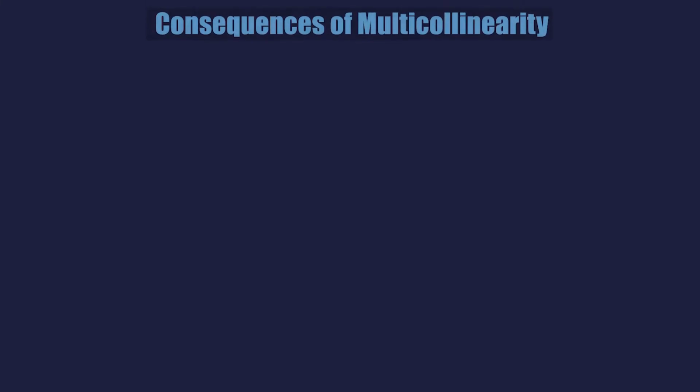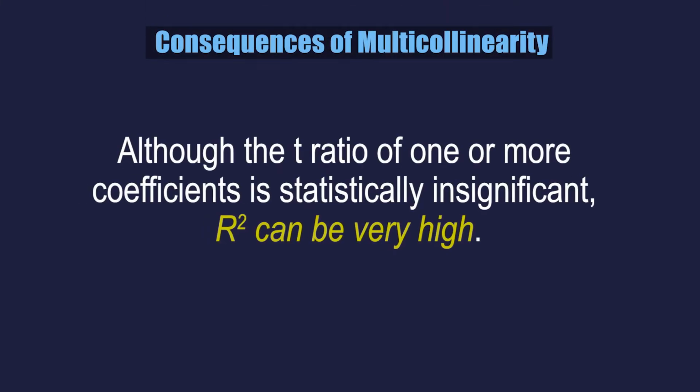Fourthly, we observe another very crucial observation, that R square is very high. We know that capital R square stands for the overall significance of the model. That means how all the variables or the slope coefficients jointly explain the variation in the dependent variable, and thereby overall what will be the nature of the R square or goodness of fit.